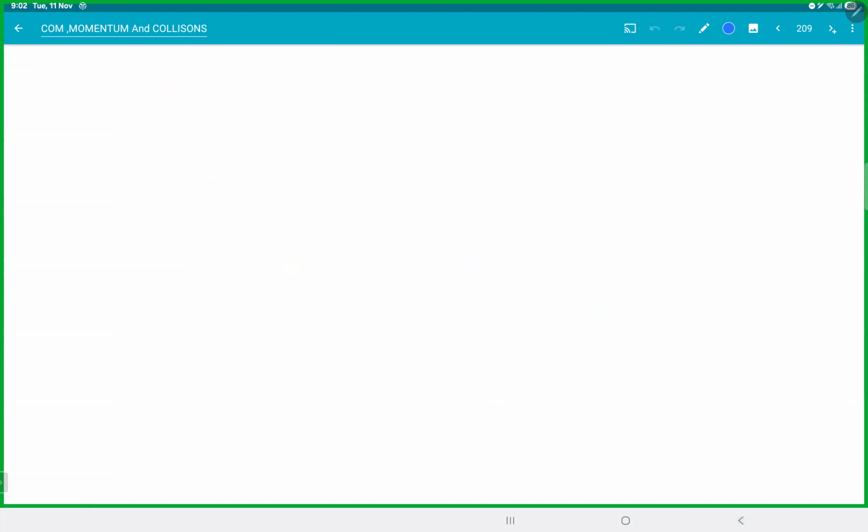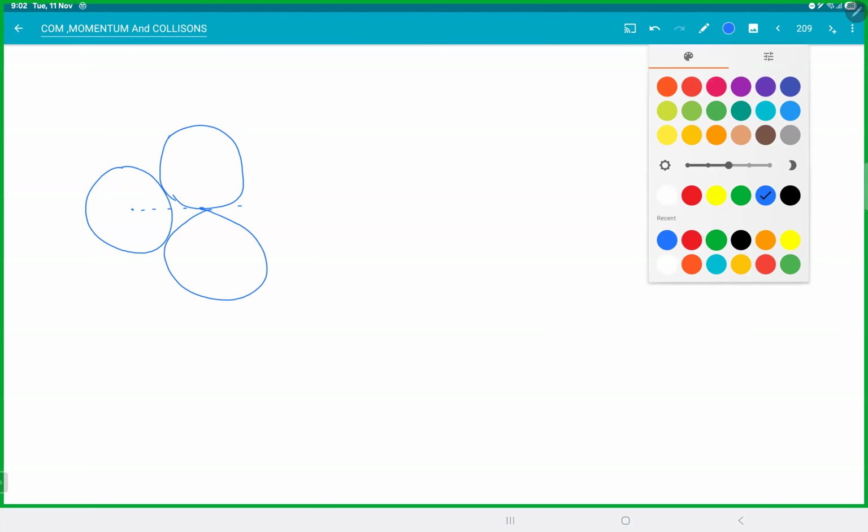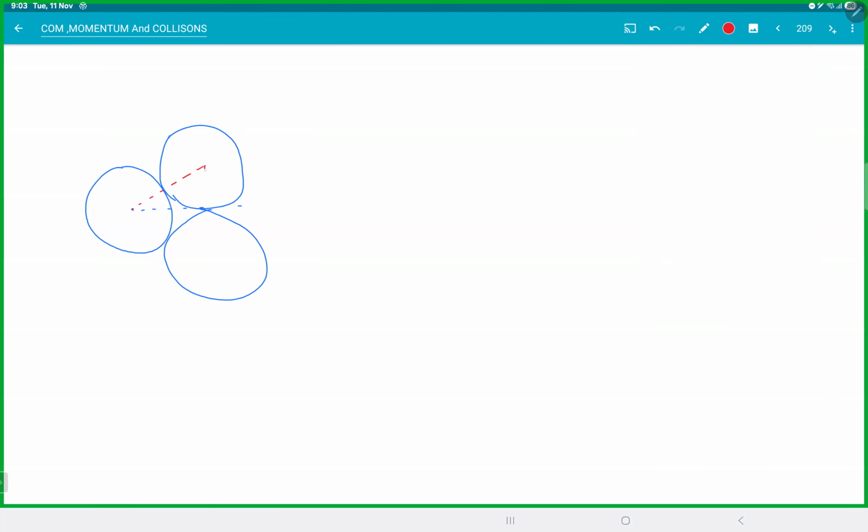Always draw your final picture. So just before collision, they will be like this. And if you join the centers, you can clearly see they will form an equilateral triangle. So this angle will be 30 degrees. This angle will be 30 degrees. I hope everyone got that.